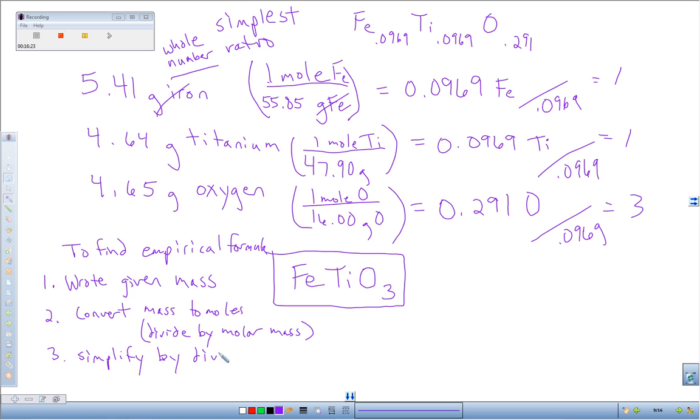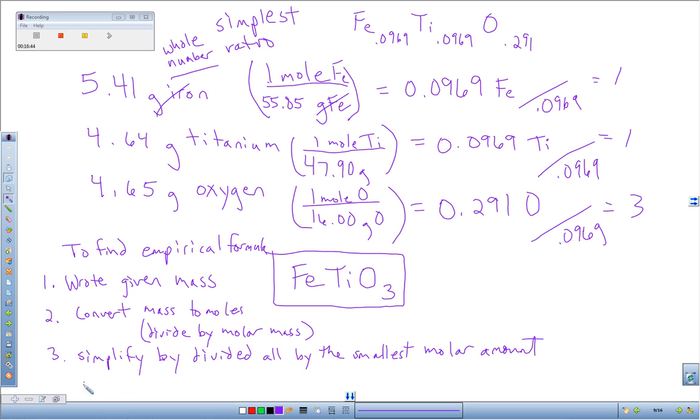We divided all by the smallest molar amount.